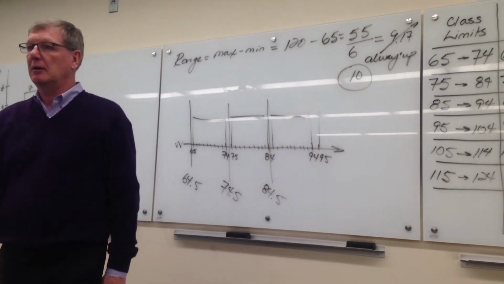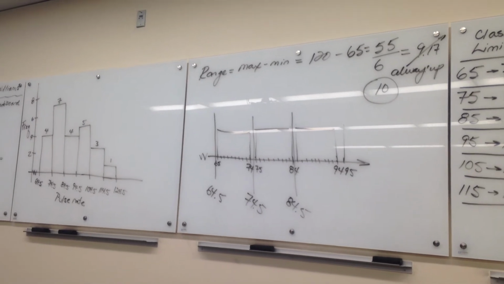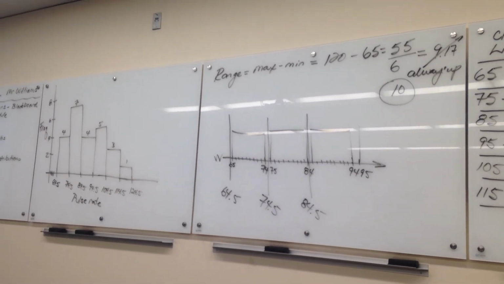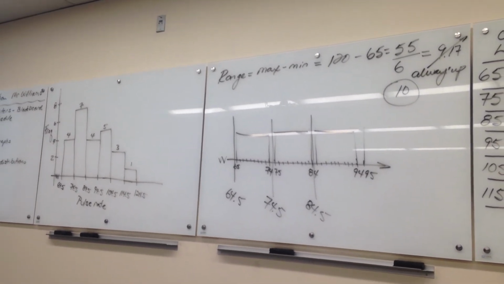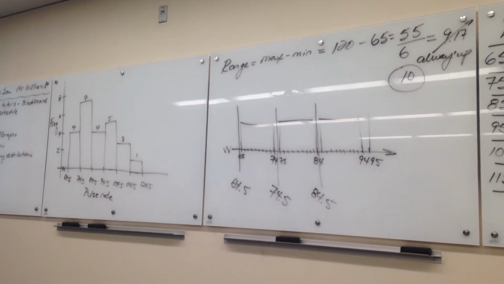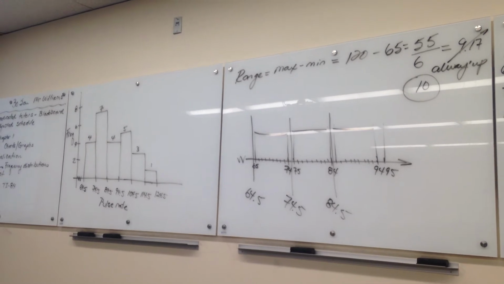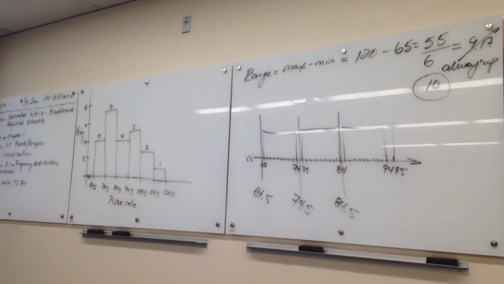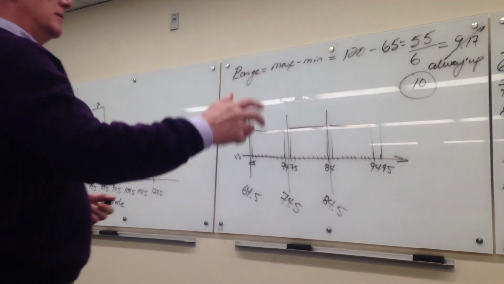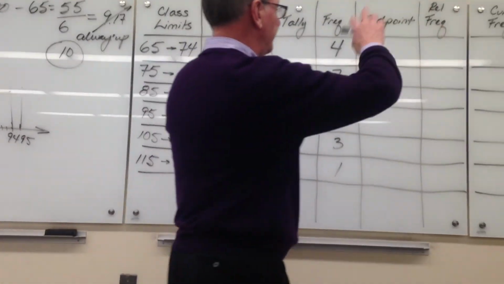Make sense, everybody? And these are just techniques to try and figure out what the data looks like. And they're a little art and a little science, okay? But the procedure that we follow is actually how you want to make these things, or how you're going to create them.